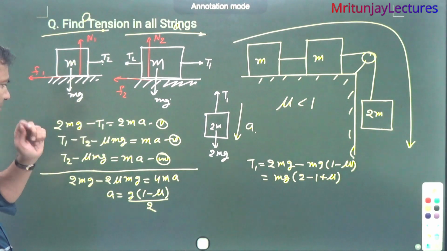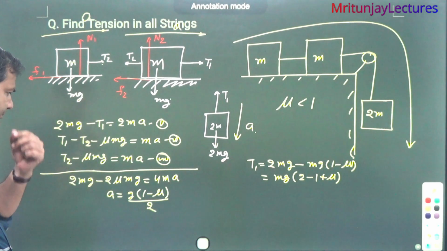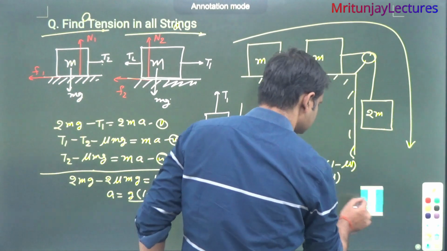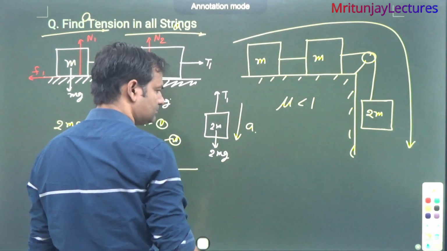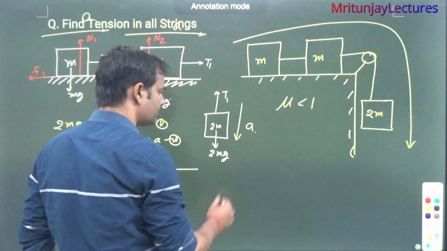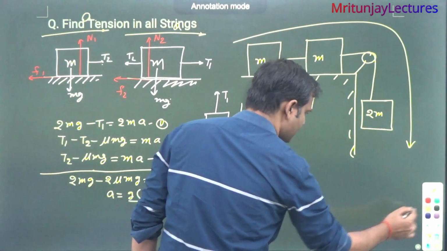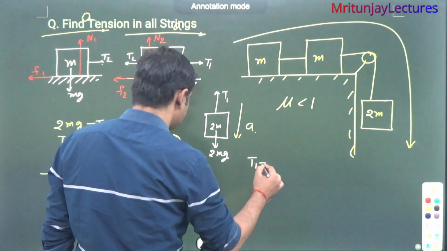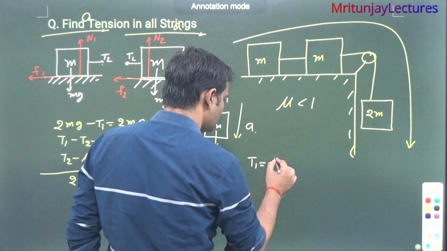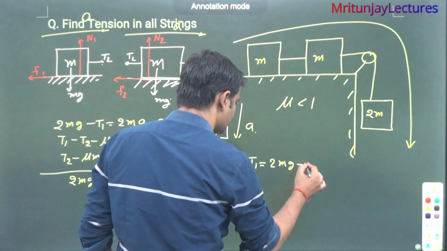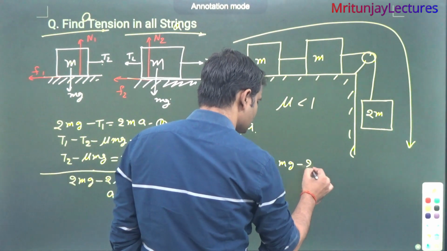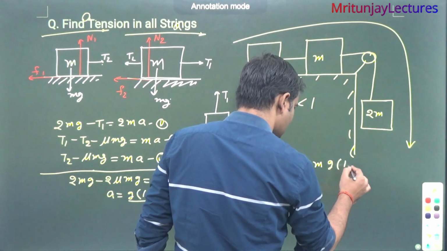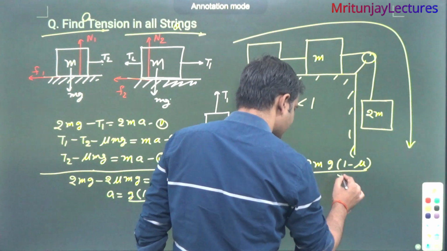T1 is written as 2mg minus 2m into a, where a is g (1 minus mu) divided by 2.